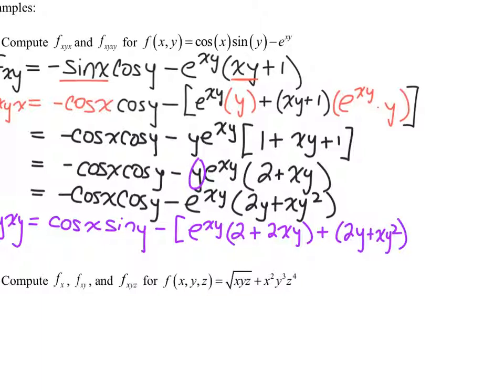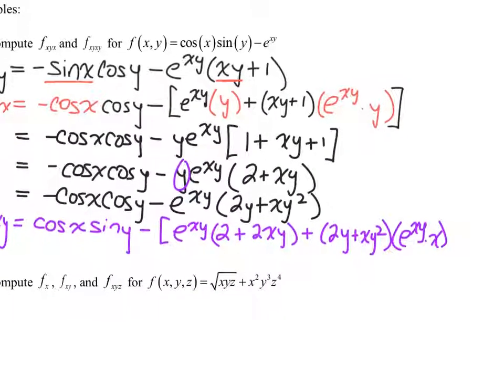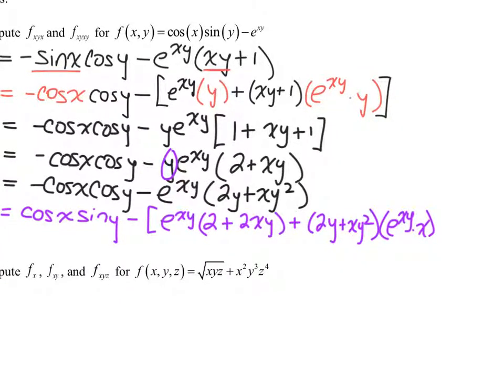So e to the xy multiplied by the derivative of the exponent with respect to y, which is just going to be the x. So e to the xy times x. Oops, just tuck that over a little bit, and there it is.